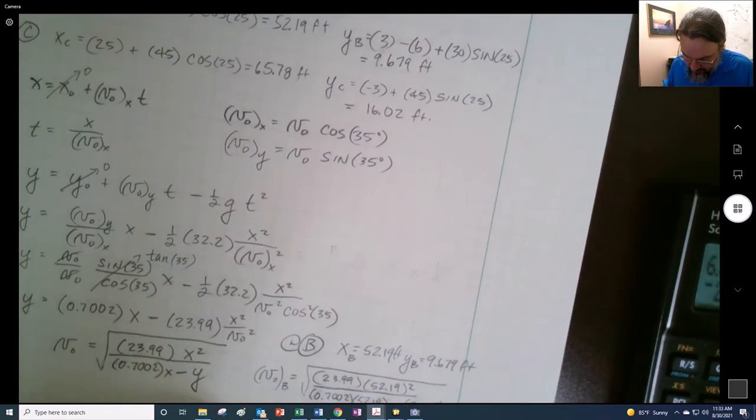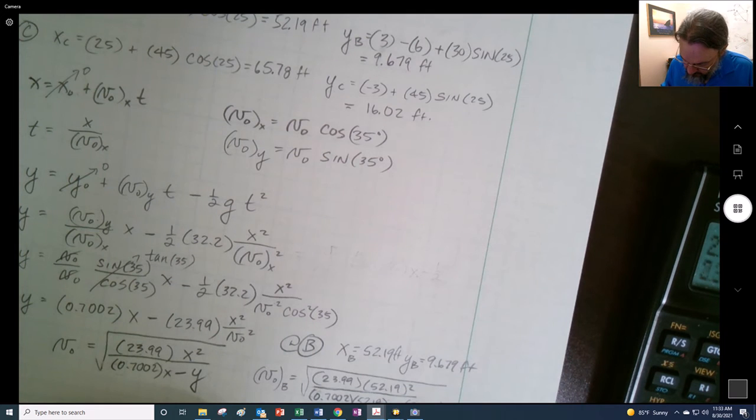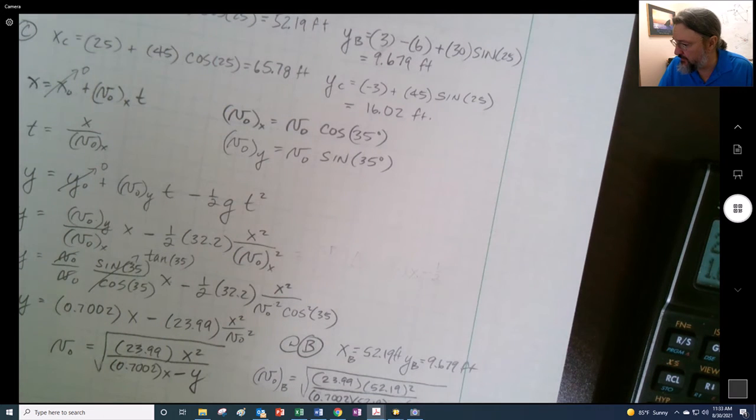Let's see if I get this right this time. And then 0.7002, 52.19 times, and then 9.679 minus, divide, square root, and I don't think I got that right.